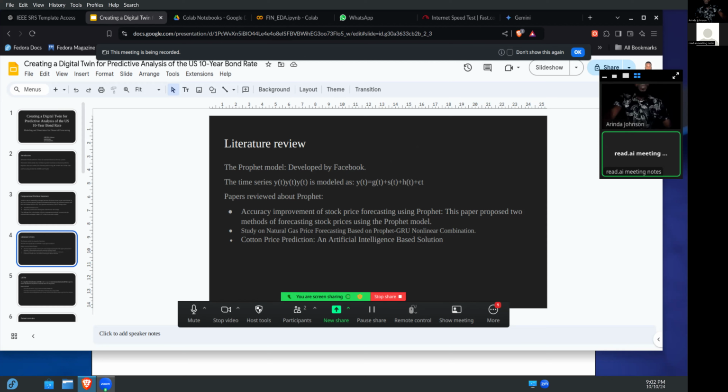So this model uses all these components to come up with a time series forecast. These are some of the papers I reviewed.